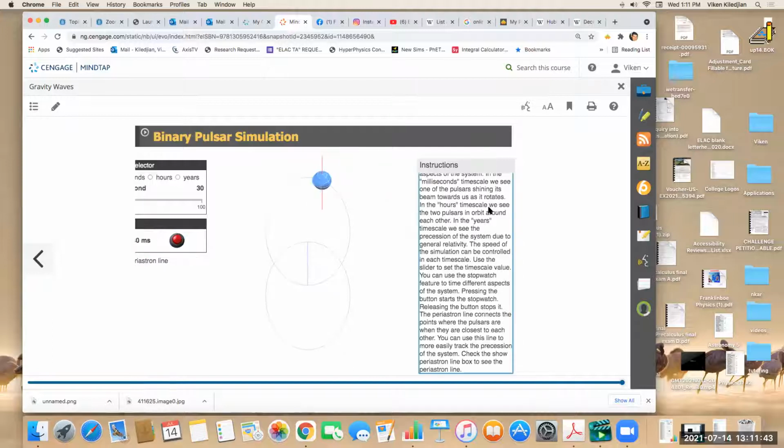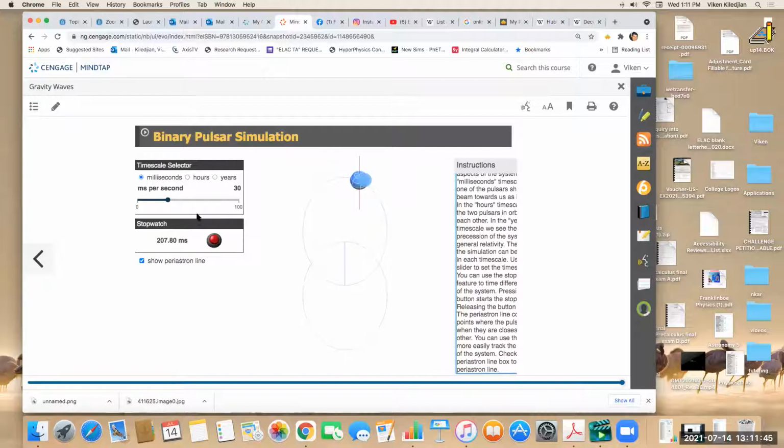Can we stop this? Oh, this one speeds it up. Oh, okay, millisecond. This one already measures for us how many seconds it takes, milliseconds per second. Time scale selector, milliseconds per second. Okay, hold on.